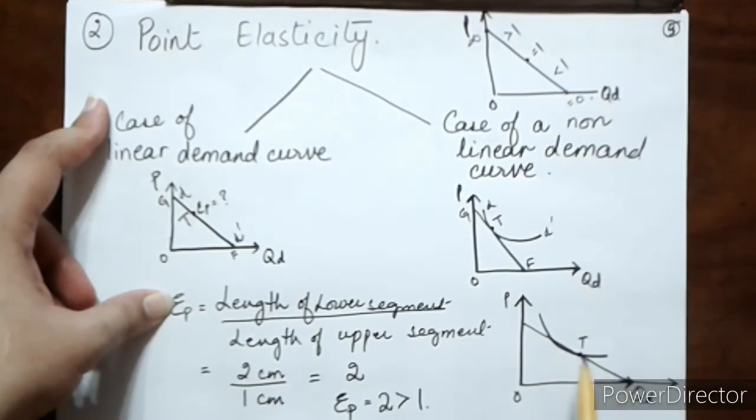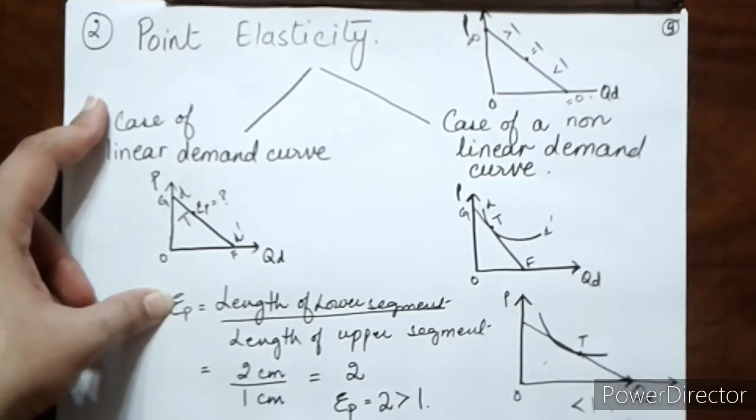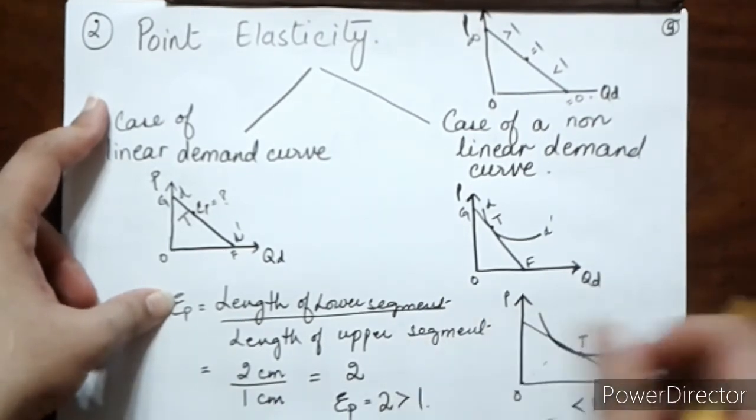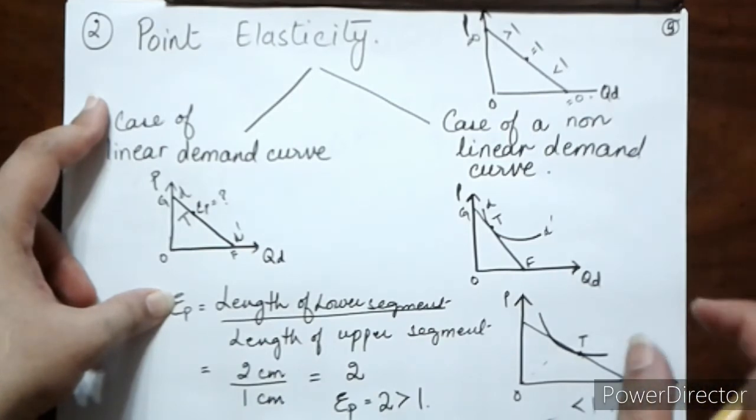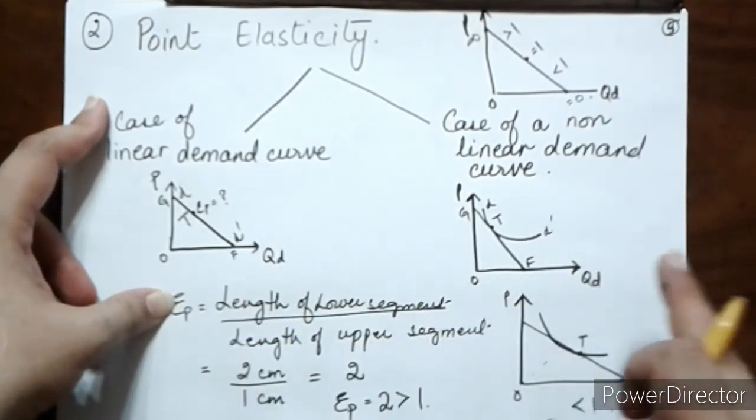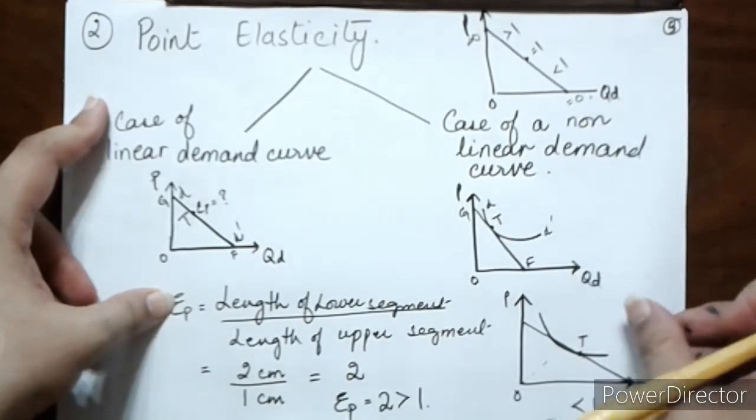This becomes my lower segment, this becomes my upper segment. I will measure it. Clearly it is in the lower segment, so elasticity is expected to be less than 1 in this case. So this was how to measure elasticity at a particular point in case of a linear demand curve and in case of a non-linear demand curve.